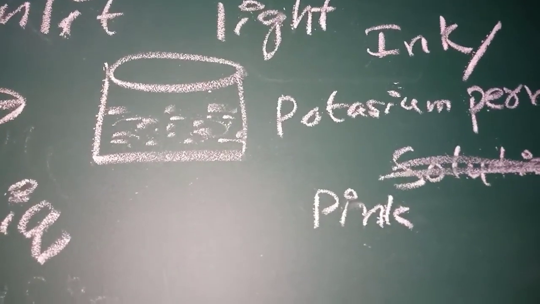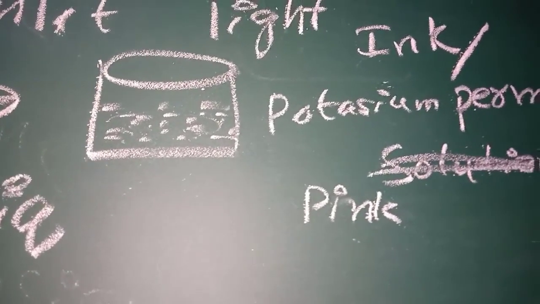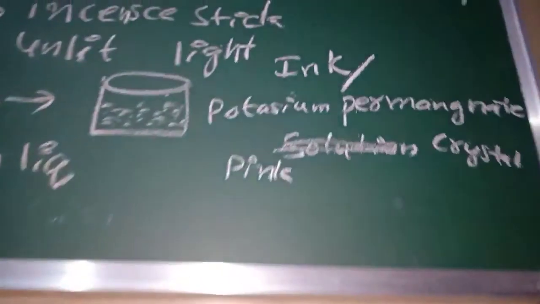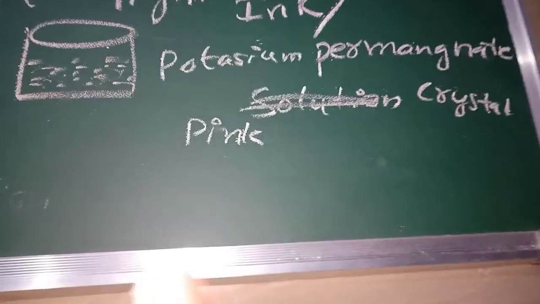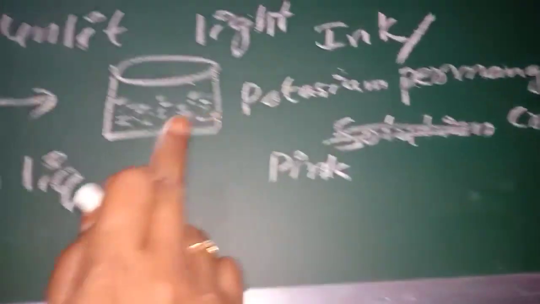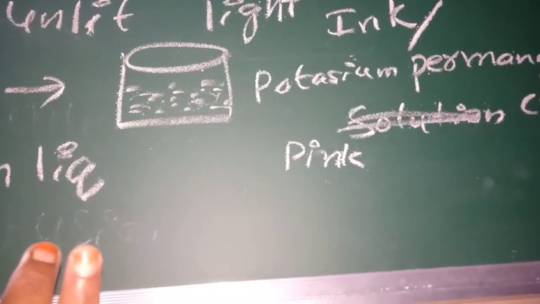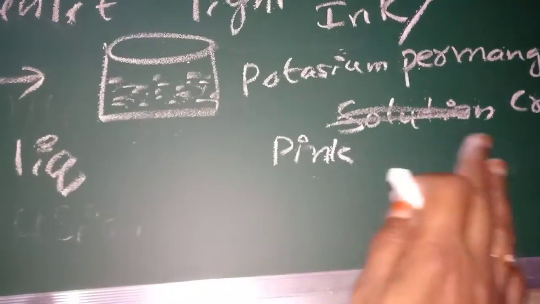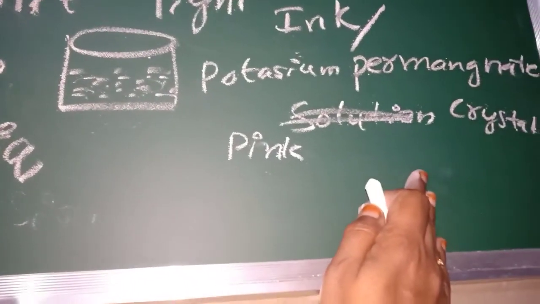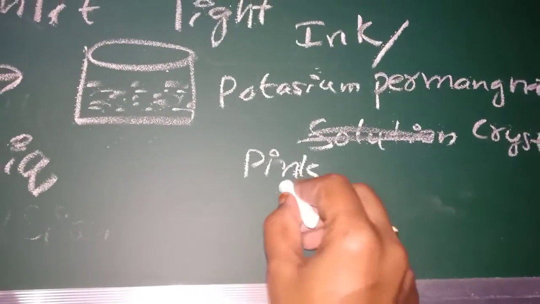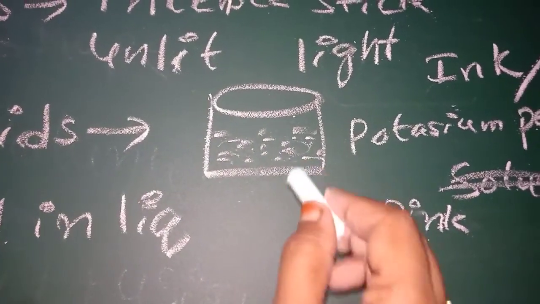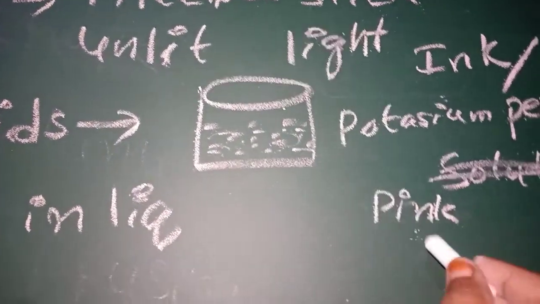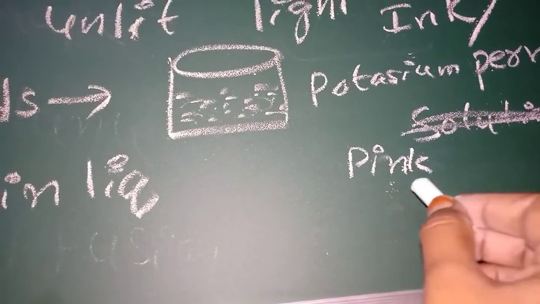Here we take crystals because potassium permanganate crystal is a solid. So we add a solid into the liquid, and now observe these particles. The potassium permanganate crystals are pink in color. So the total water became pink in color after some time.